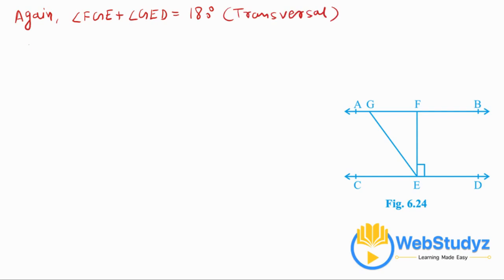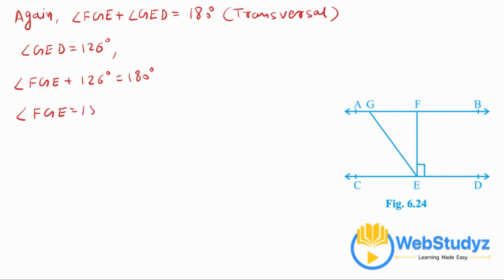So putting the value of angle GED as 126 degree, we get angle FGE plus 126 degree is equal to 180 degree. That gives us angle FGE is equal to 180 degree minus 126 degree, which comes out to be 54 degree.